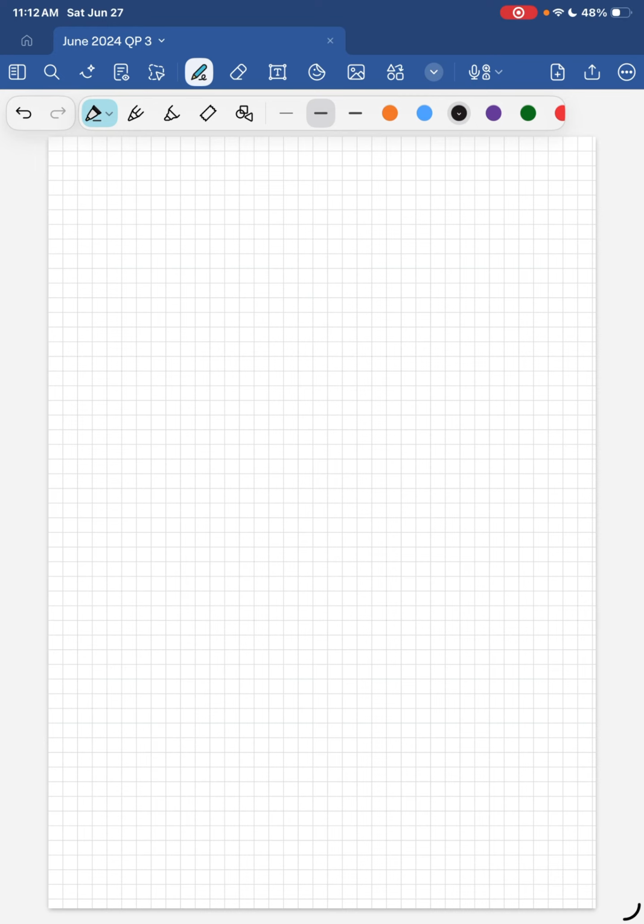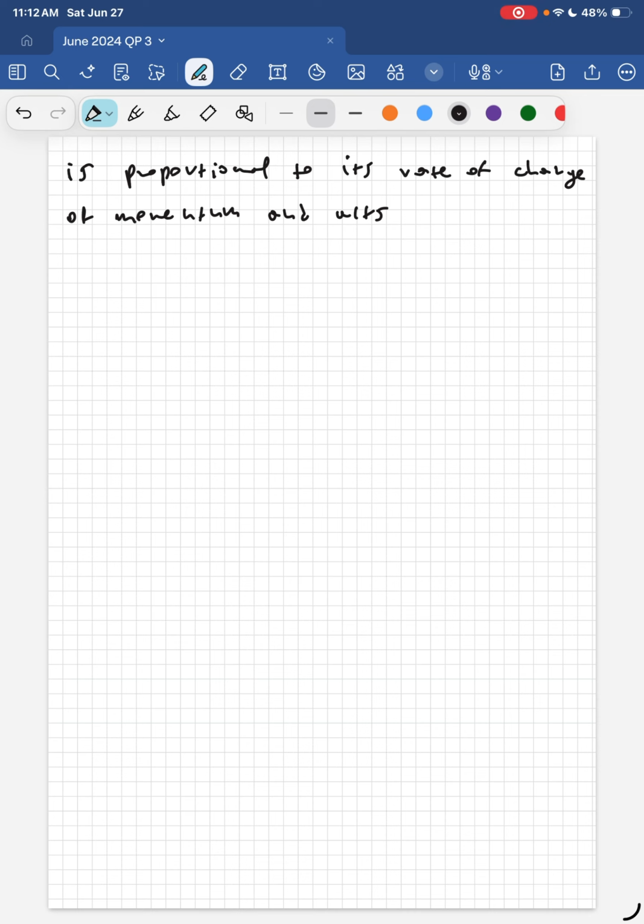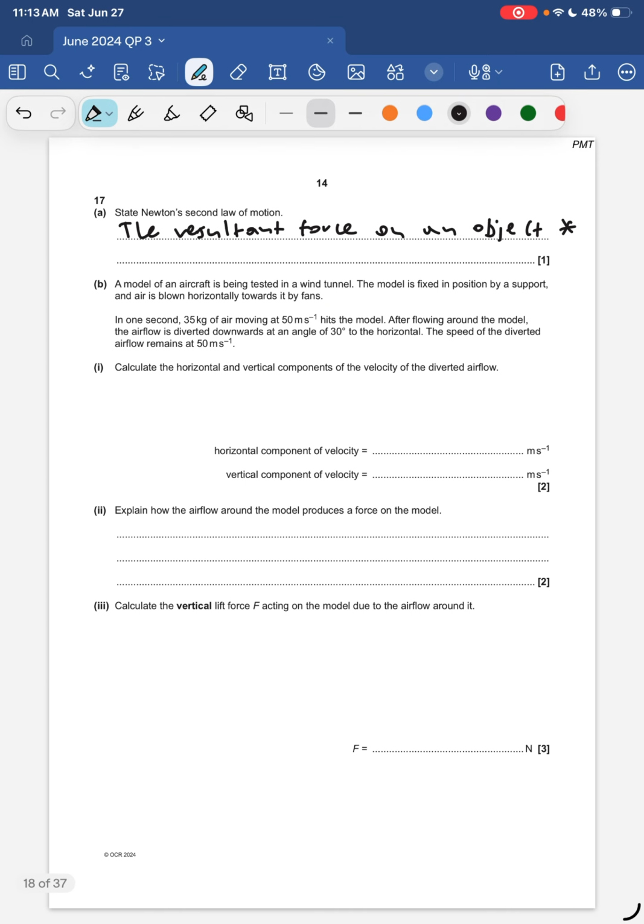So the net force on an object is proportional to its rate of change of momentum, and acts in the direction of that change. And in mathematical form, the sum of all forces is mass times acceleration, or the rate of change in momentum, delta p over delta t. Okay, so that's more than enough of an answer, I hope. To get it's just 1 mark.